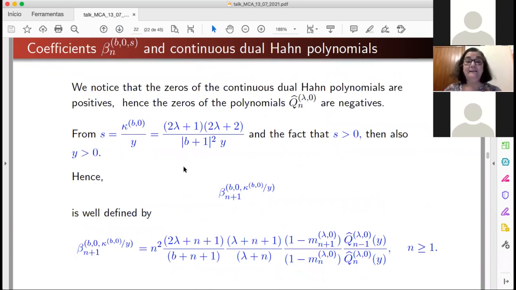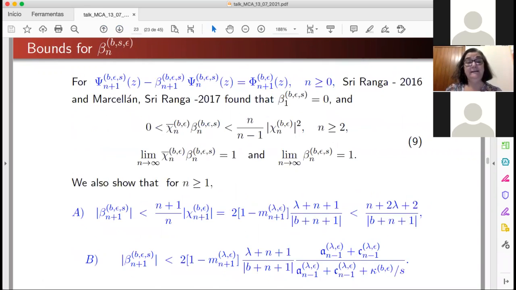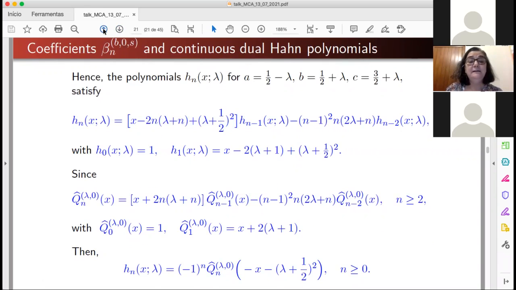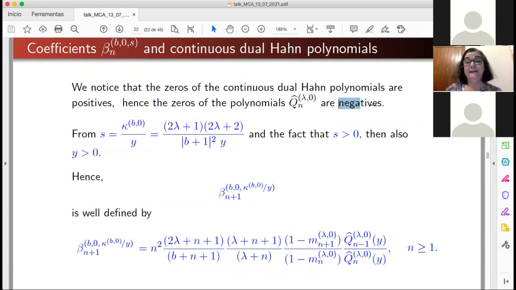Another thing that we can see: we know that the zeros of the continuous dual Hahn polynomials are positive. They are orthogonal on the positive side of the real line. So because of this, the zeros of Qn hat will be negative.